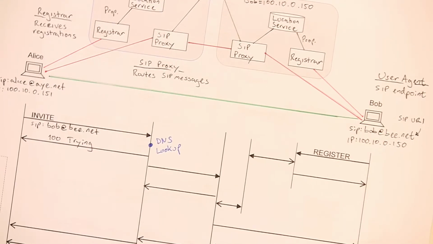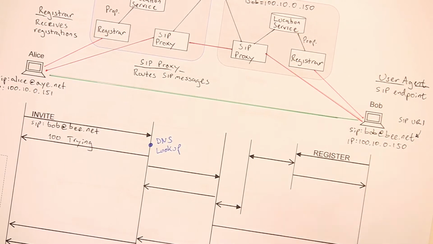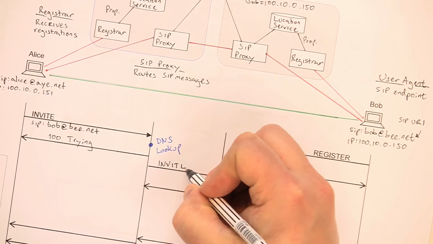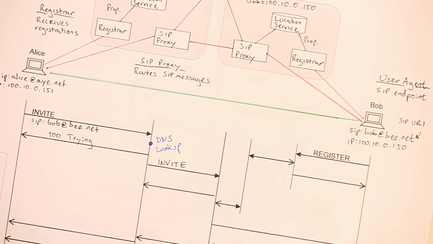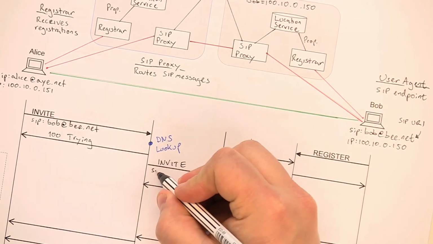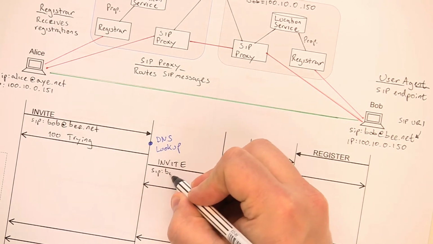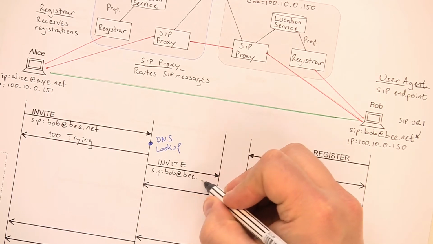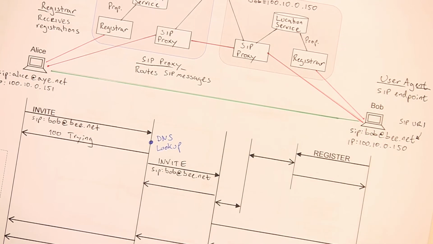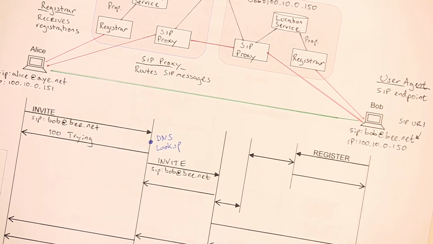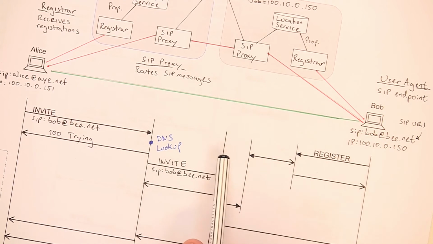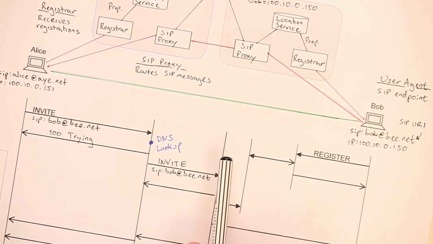So taking my black pen, I'm forwarding the invite to SIP Bob at b.net. Now we need to make sure that the receiving end has got this as well, so that we don't need to retransmit.